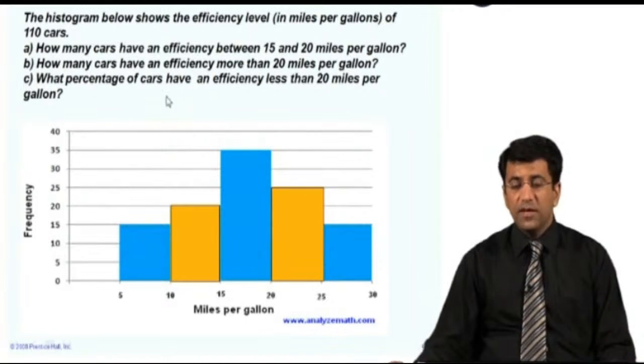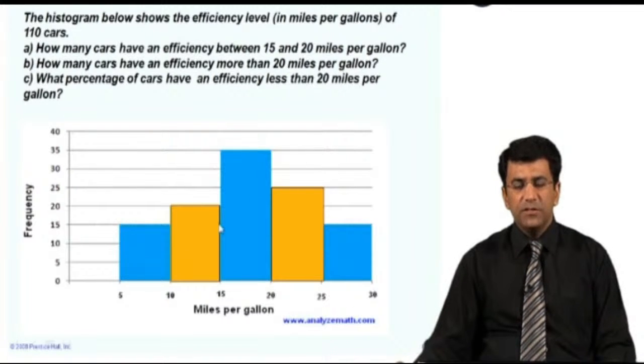Then what percentage of cars have an efficiency of less than 20 miles per gallon? This is the data for the efficiency level of less than 20. In this particular case we will add these frequencies, that is 35 plus 20 plus 15. We will divide this whole sum by the total sample size, because we are interested in the percentage.